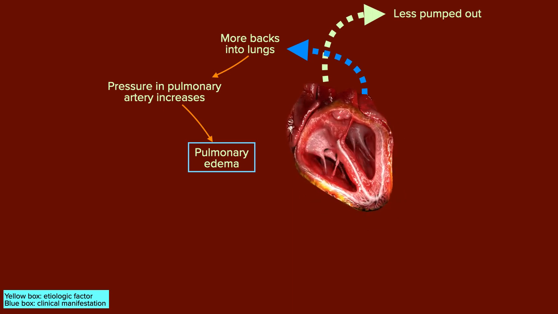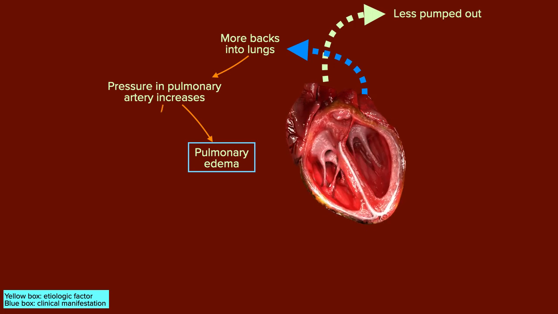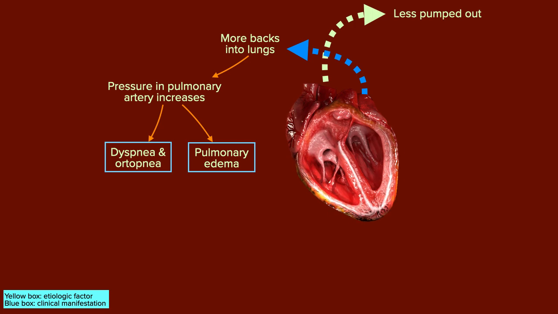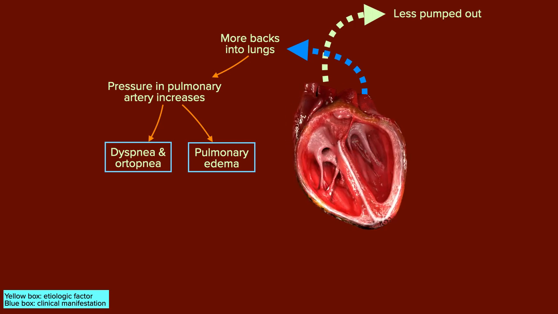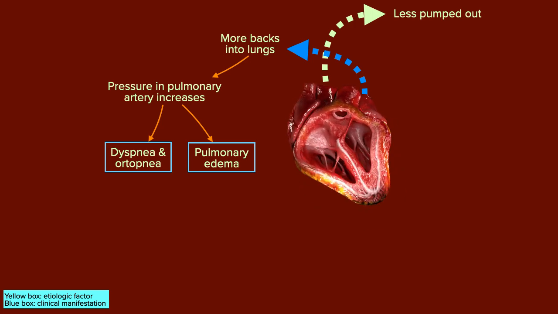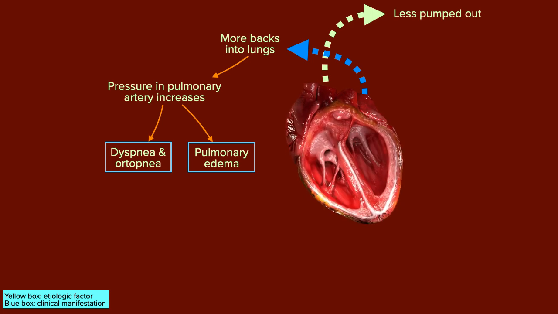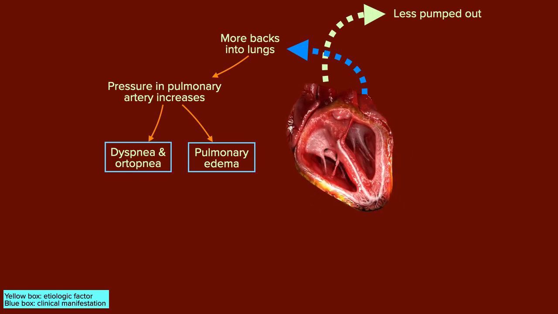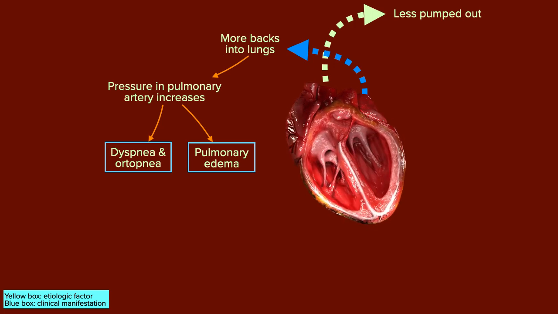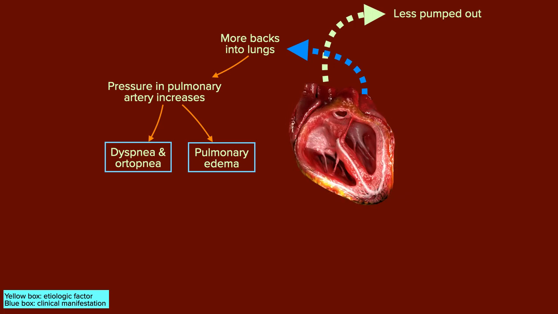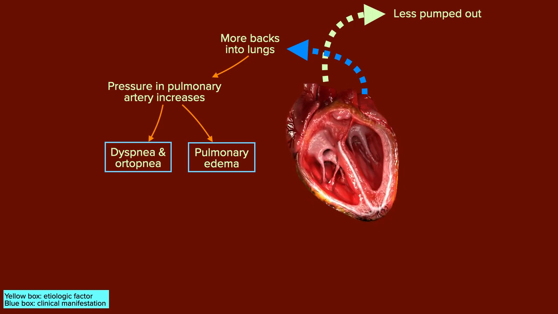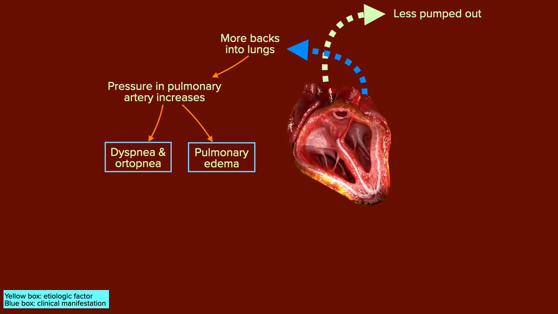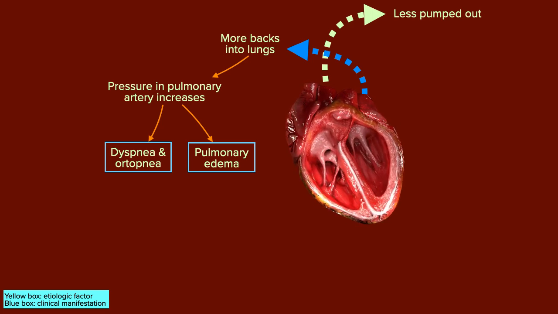And therefore patients have dyspnea, which means trouble breathing, as well as orthopnea, which is difficulty breathing when lying down, since that allows the venous blood to move back from the legs and the gut to the heart and eventually into the pulmonary circulation as well.